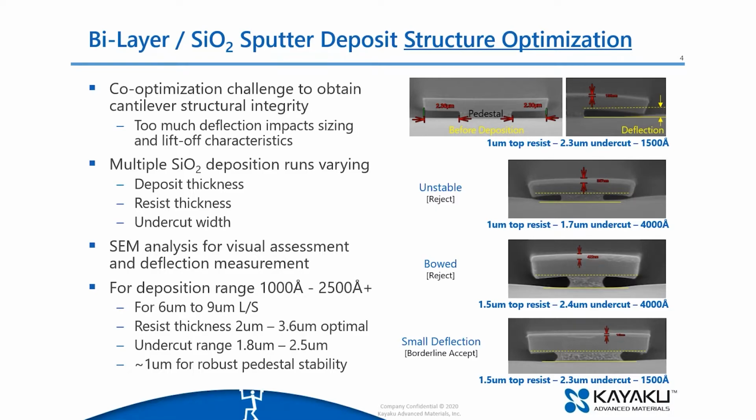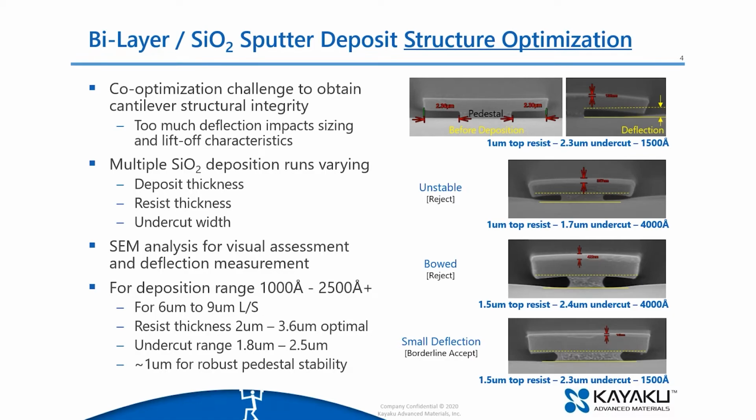If there was a very, very small deflection and it didn't appear that it was having any effects on the uniformity of the deposit, we would consider something like that borderline accept. But for the most part, what we were really looking for was undetectable change in the symmetry or flatness, essentially, of the top layer resist relative to the substrate.